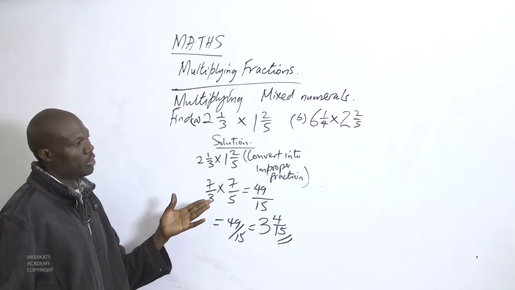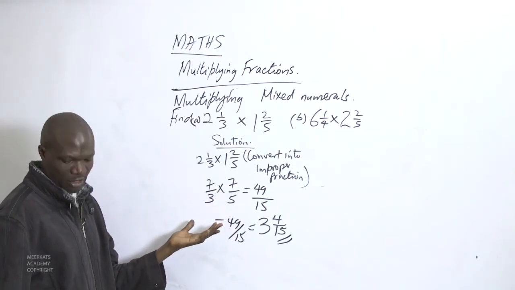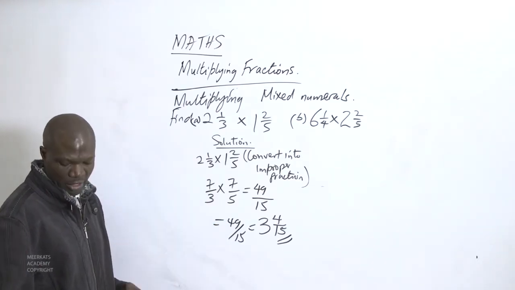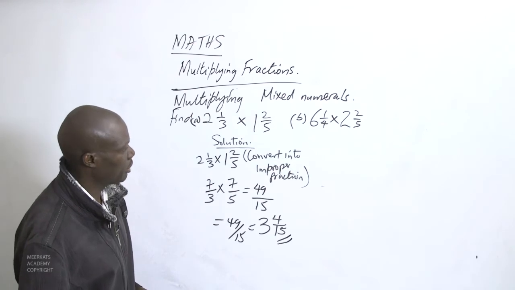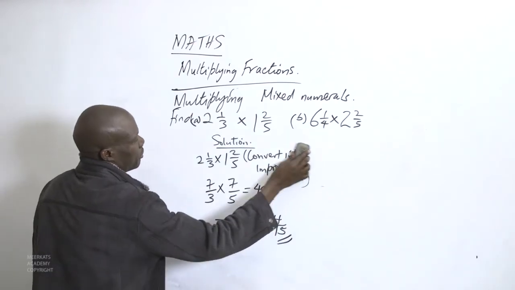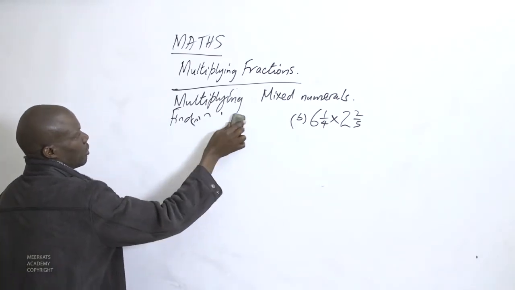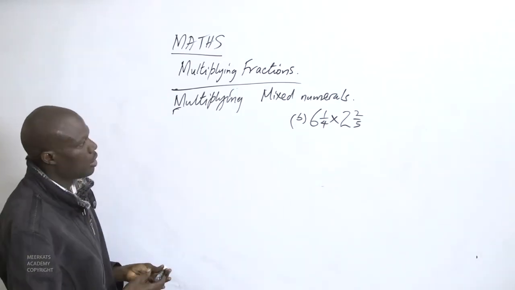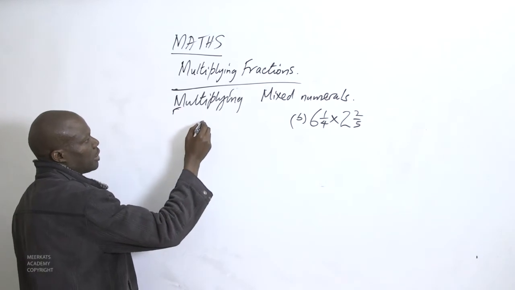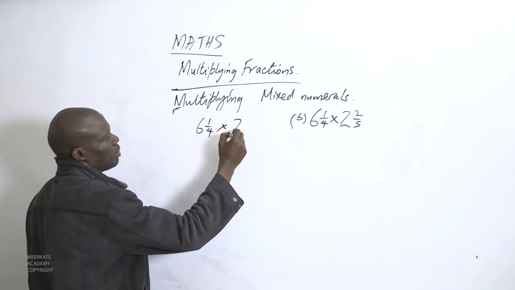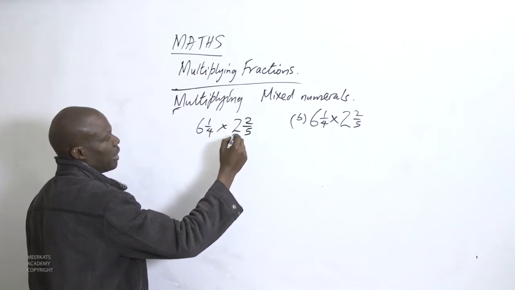So as we have seen in the first question, let us look at which approach we give in the second question. We have 6 1/4 times 2 and 2 over 5.